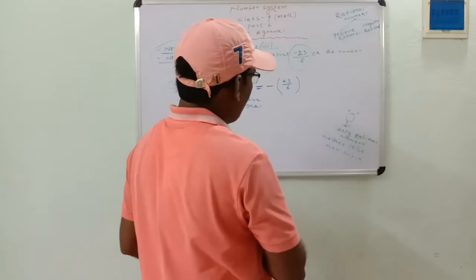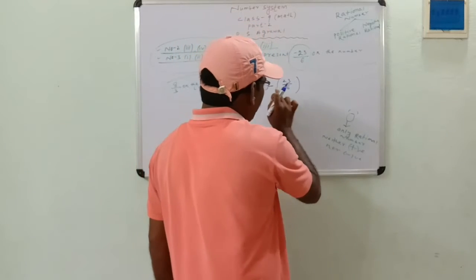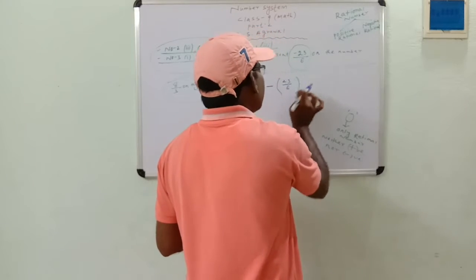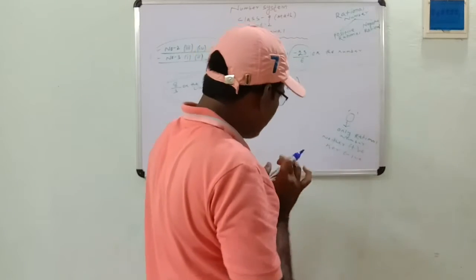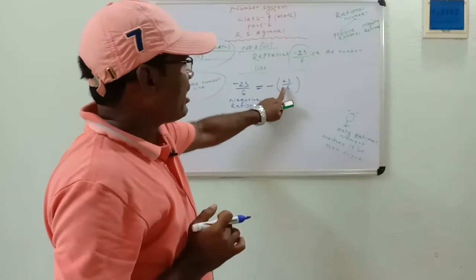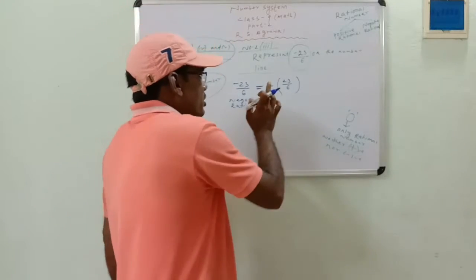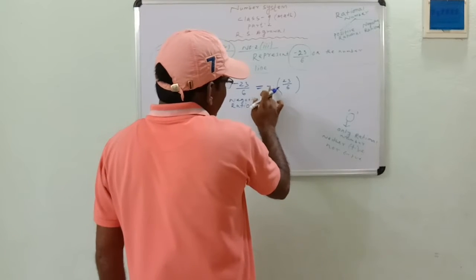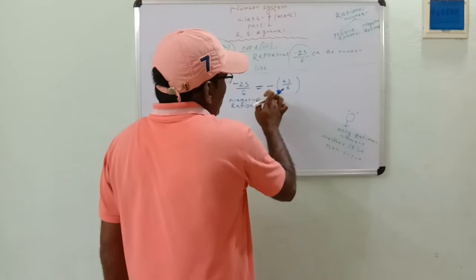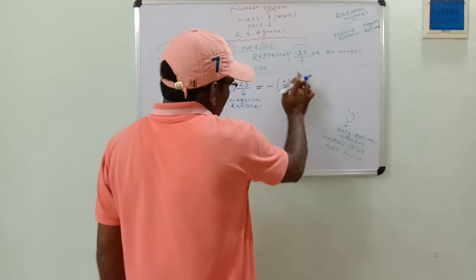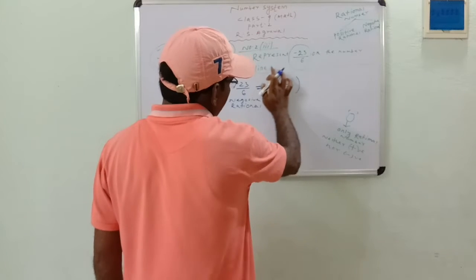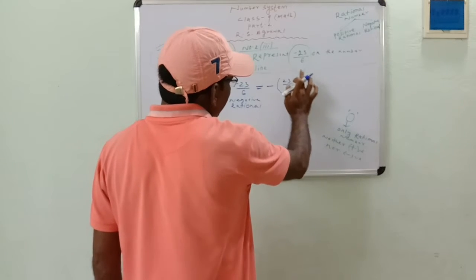The negative of 23 by 6 means the negative of an improper fraction. 23 by 6 is actually an improper fraction. But here the minus sign is there, so we will take it as the negative of an improper fraction, or simply the negative of a fraction.